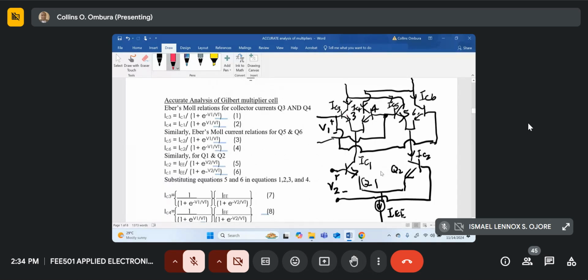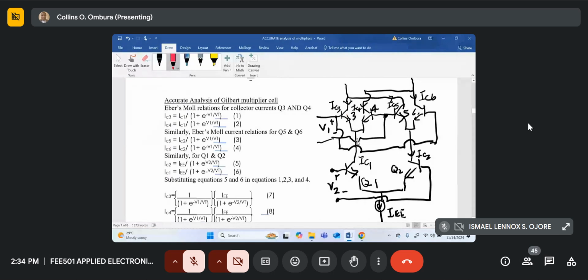So that we can relate to the current, from the above Ebers-Moll current relations for this transistor, IC3, this is like our first transistor to the left. So we can write IC3 is equal to IC1, which is the emitter current.